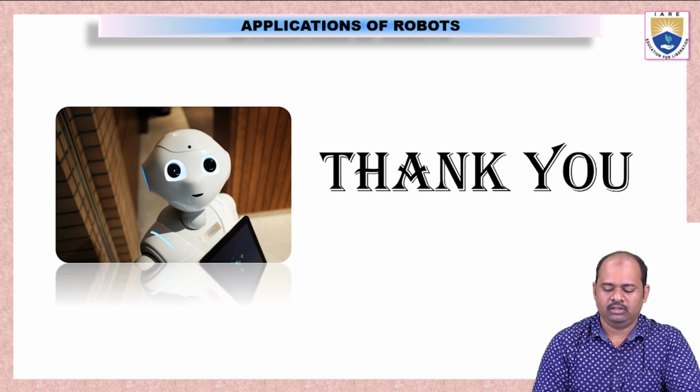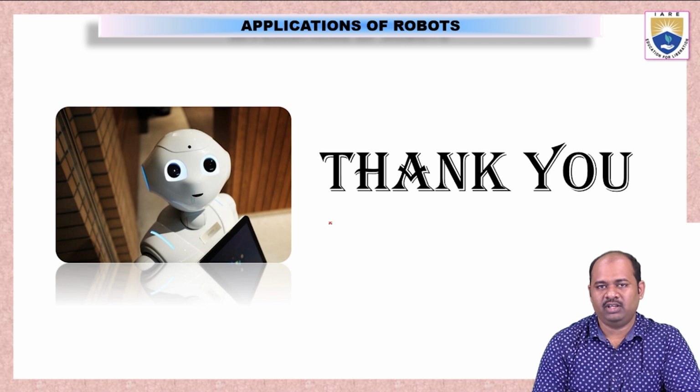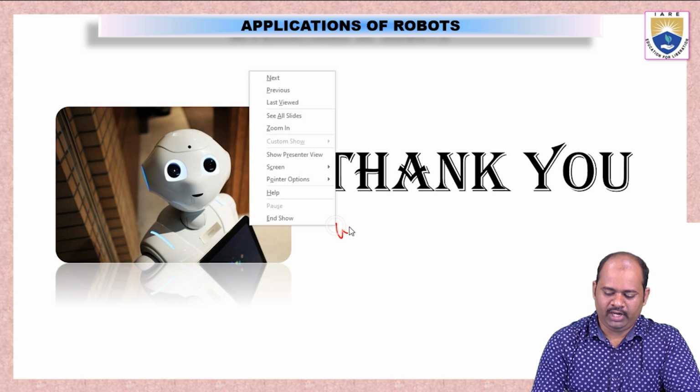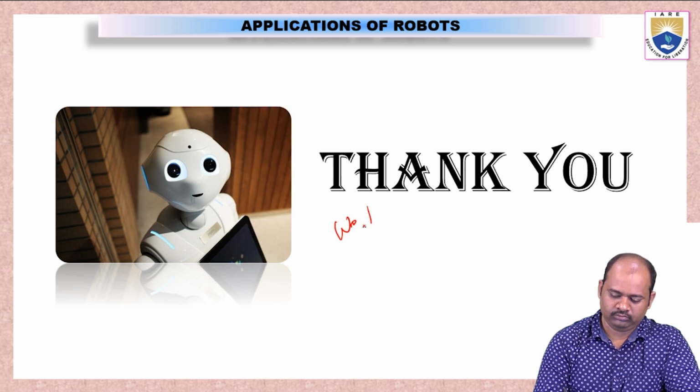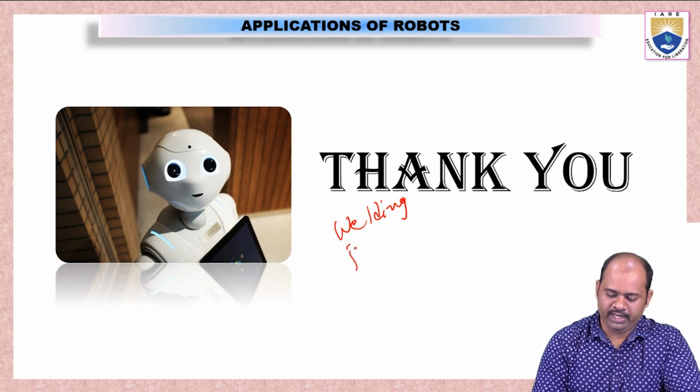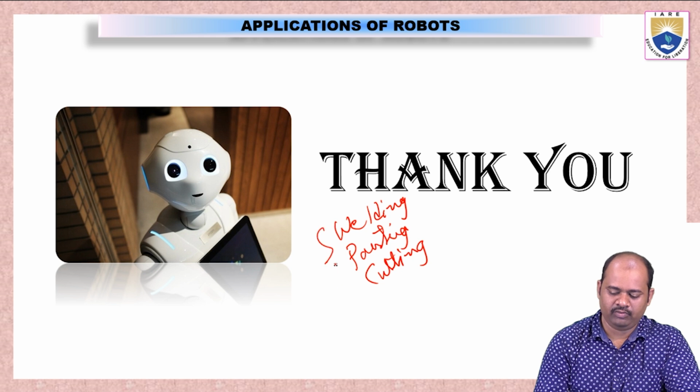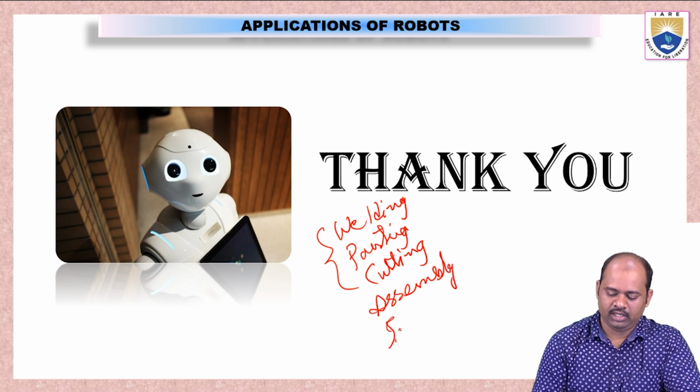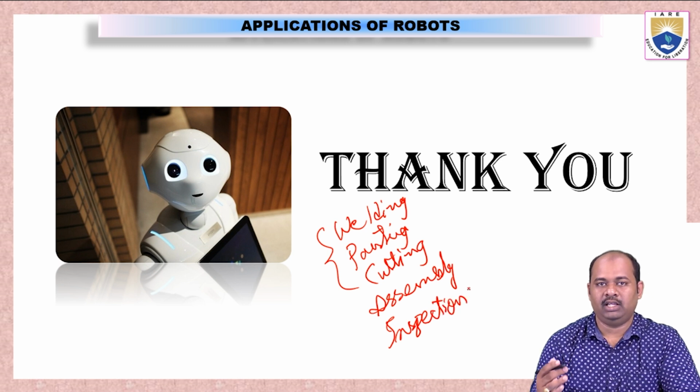So far we have seen the different processing operations where robots can be applied or used. They are welding operations, where we can use robots, or painting, cutting, like machining operations that can be done with the help of robots, and assembly operations, like we can use robots for assembling multiple parts of a machine, and inspection of mechanical parts.